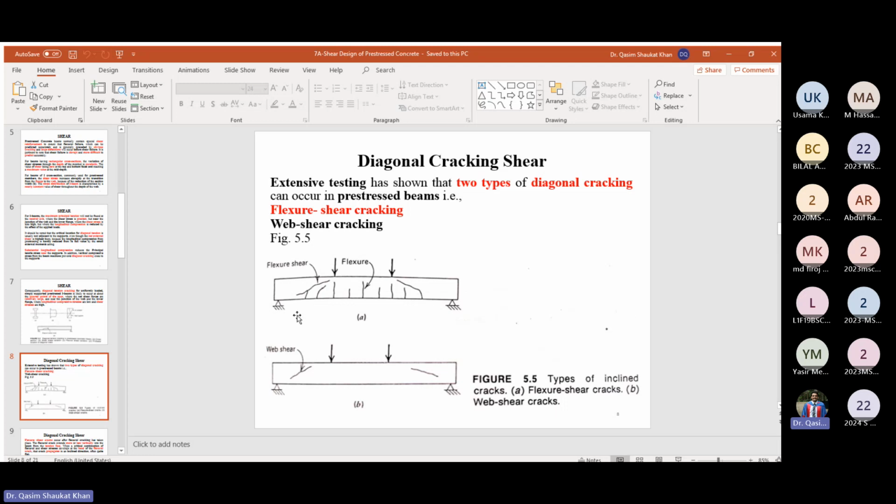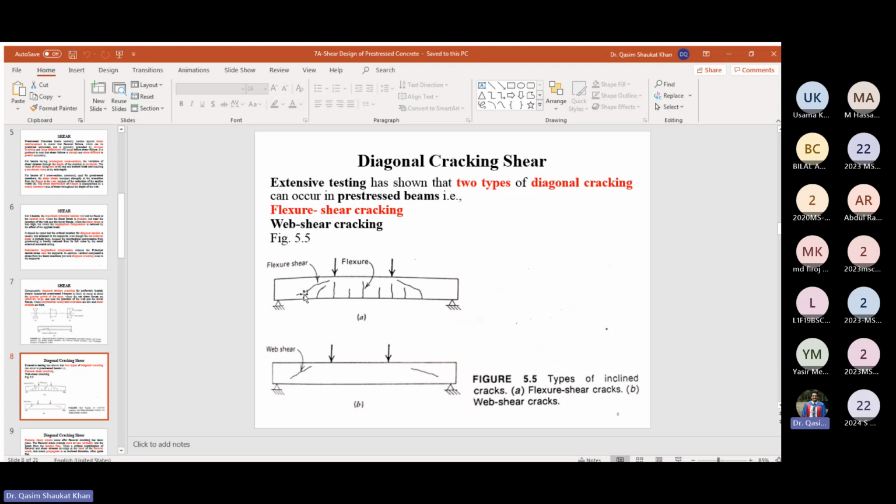Then the third type of crack is the flexure shear. A flexure shear crack is one that initially is a flexure crack and then becomes a shear crack. Initially it was almost perpendicular to the longitudinal, and then it merges into the shear.